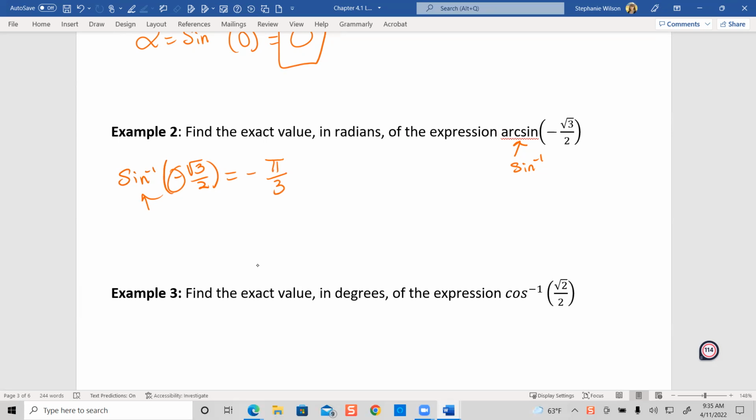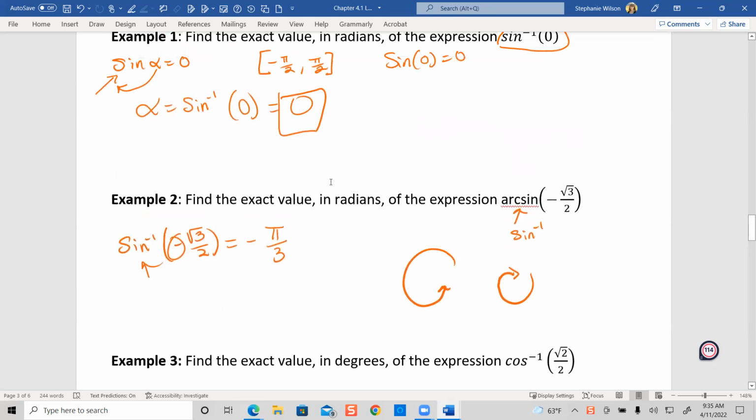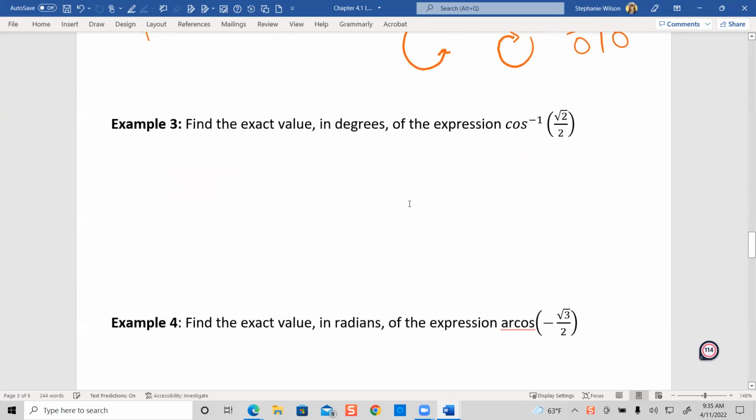Negative just means it went around the other way, because positive always goes around this way. It also depends on the quadrant it falls in, because sine is negative here and here, so it could have fallen in one of those quadrants. So just go back to the unit circle and look.